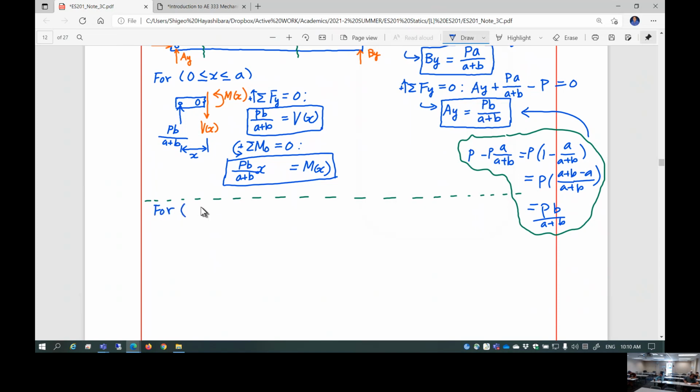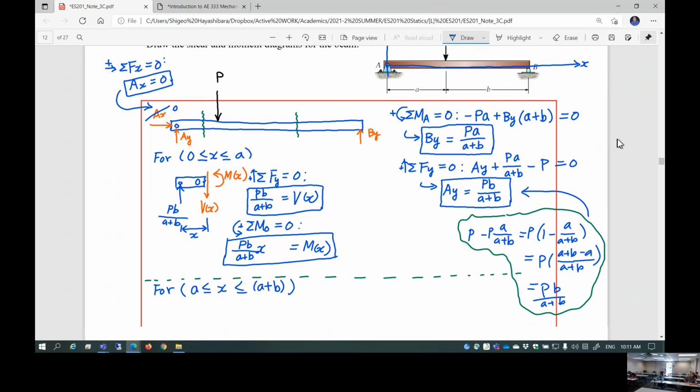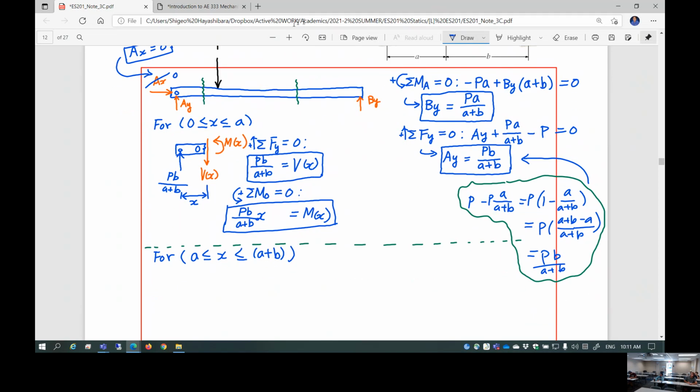This is the range where x is more than A but less than A plus B. So what do you mean by that? It means x is from here all the way to here. Okay.